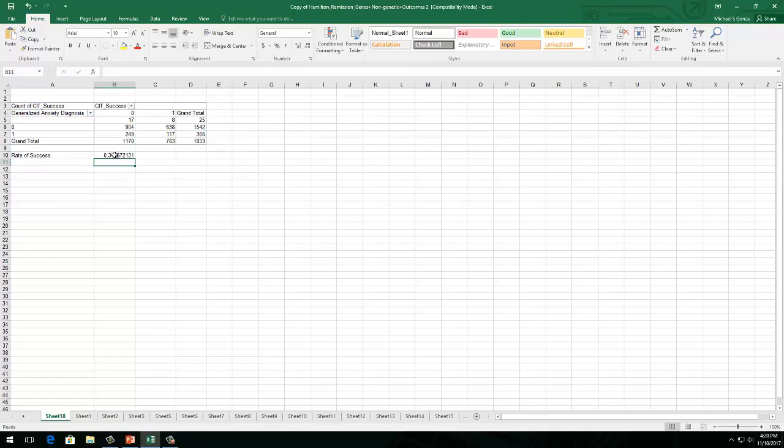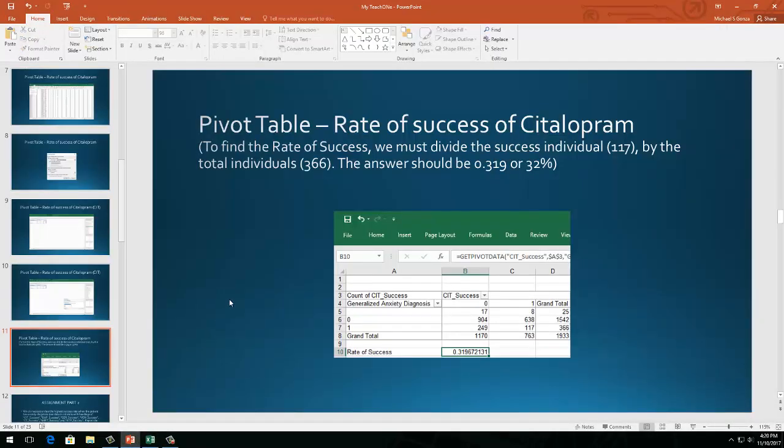It should give you a decimal number of 0.319672131, or in other words, 32%. That's the rate of success for the CIT. So the rate of success of citalopram, the answer is what I said earlier, 32%.